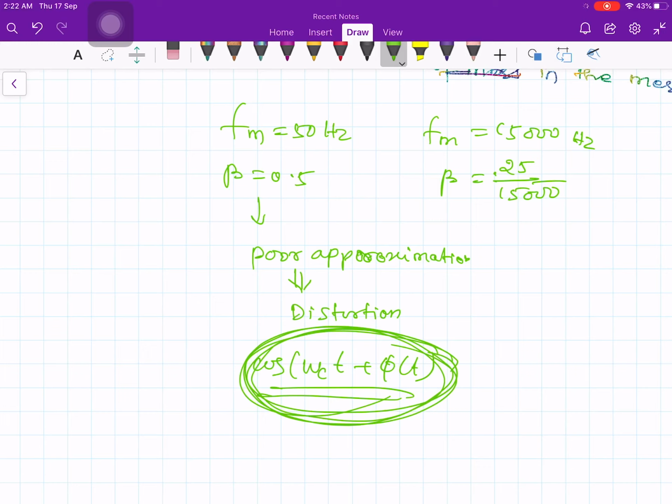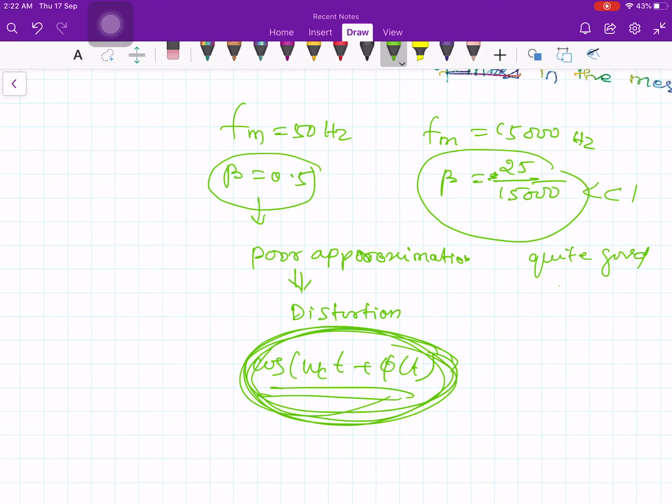Why? Because at low frequency your beta is 0.5. At high frequency your beta is 25 by 15,000, a very small value. Therefore at high frequency the approximation is quite good, but for low frequency the approximation is not that good. The approximation is poor, and that leads to distortion.